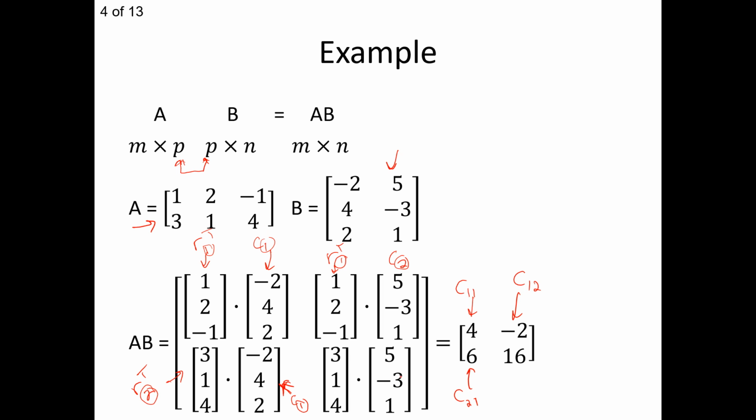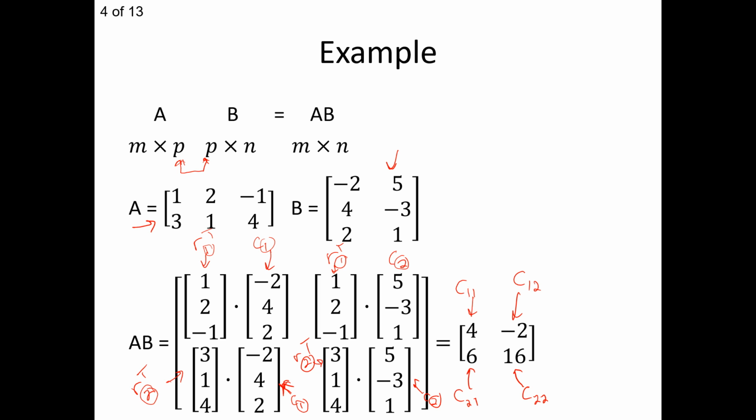So I have the transpose of my second row, dotted with the second column of B, and that means my element is C sub 2,2, my second row, second column. You can check my math, but that produces the element 16.